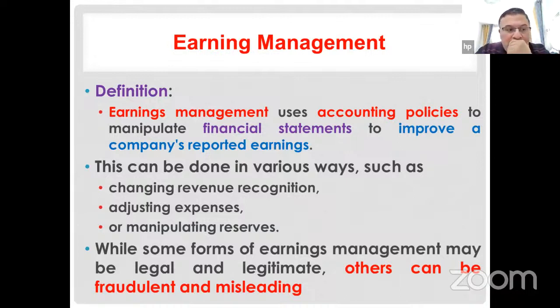Simply, earnings management uses accounting policies to manipulate financial statements to improve a company's reported earnings.